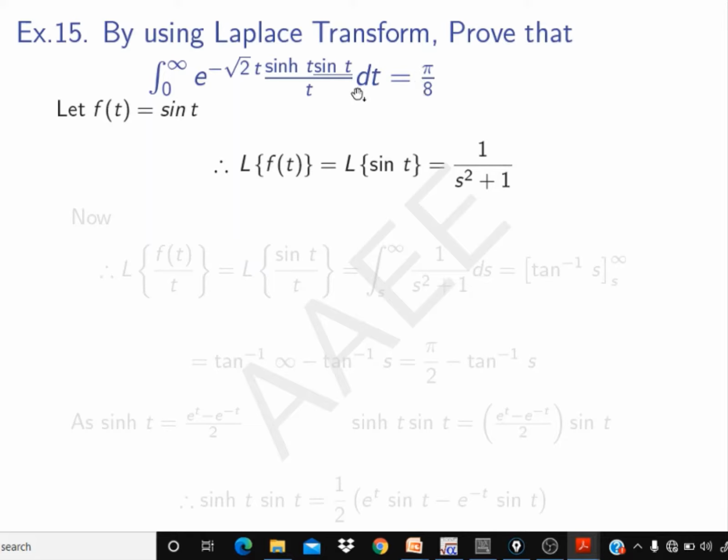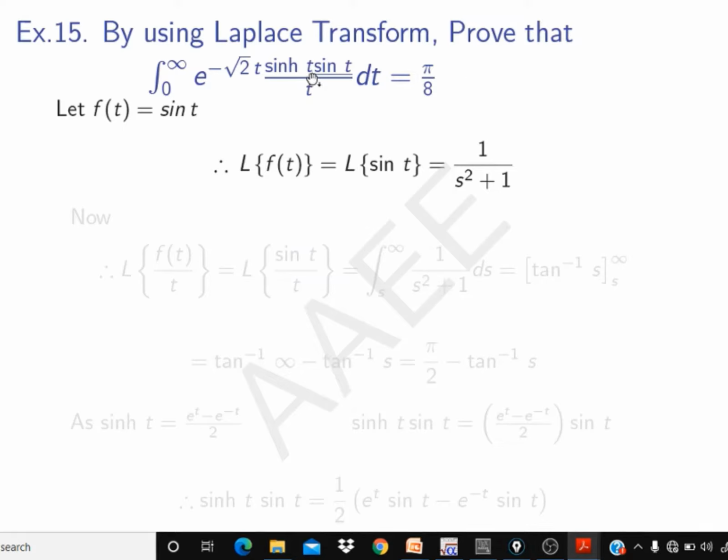If you see here, sine of t is a trigonometric function divided by t, and it is multiplied by hyperbolic sine of t. So we don't have a direct formula, but if you transform this hyperbolic sine of t into exponential, you can use the first shifting property, and very easily you can get the Laplace transform of that term.